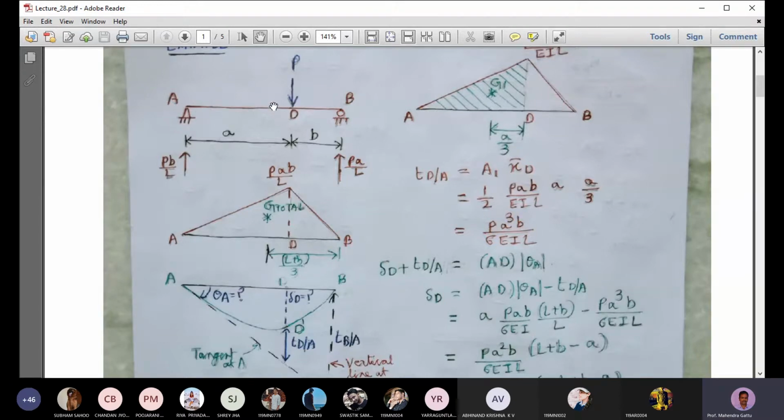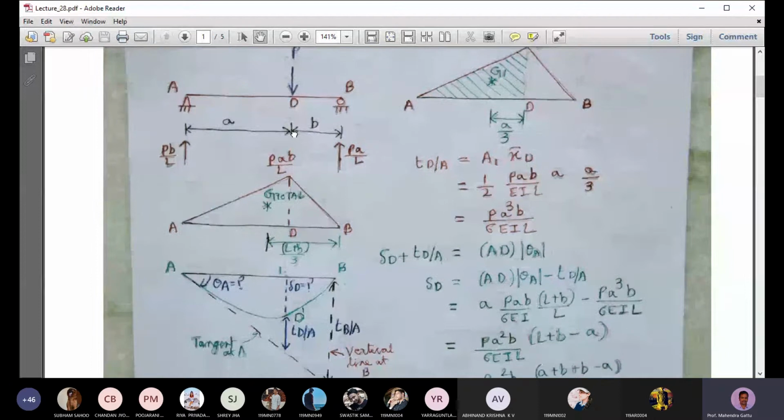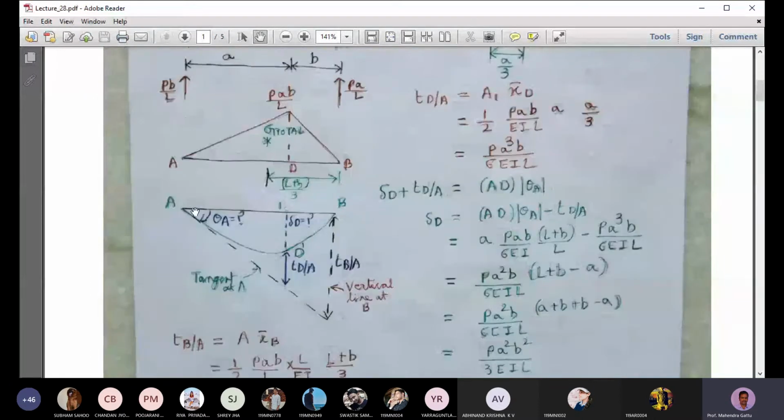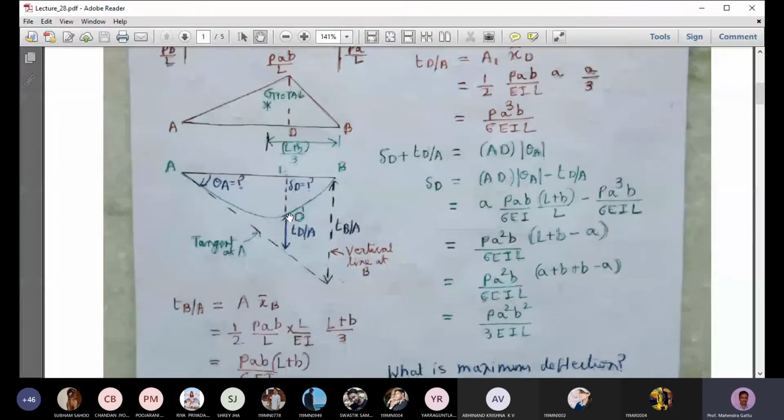Since it is not symmetric, we cannot use that technique. So let's look at the sketch of the deflected shape. This is the deflected shape shown in green color, and the maximum is occurring somewhere to the left of D.